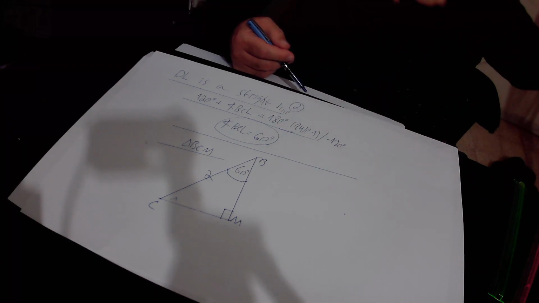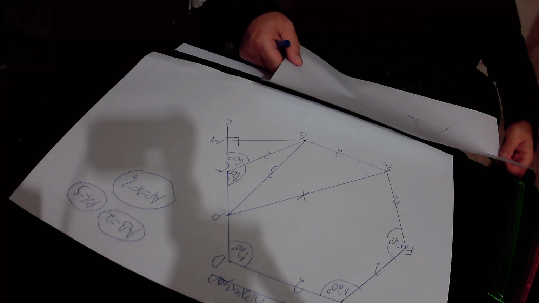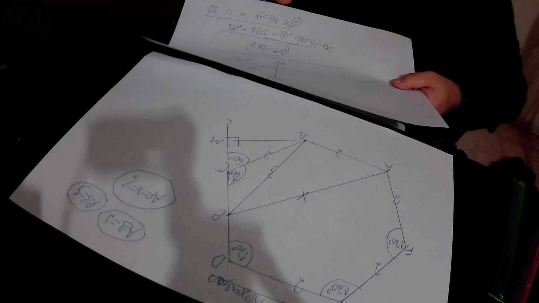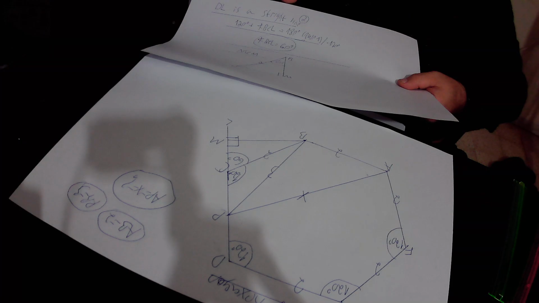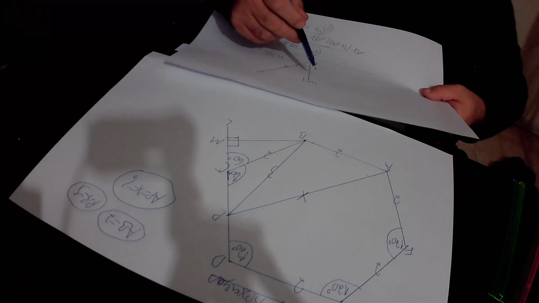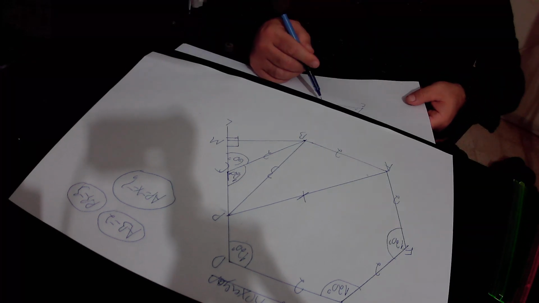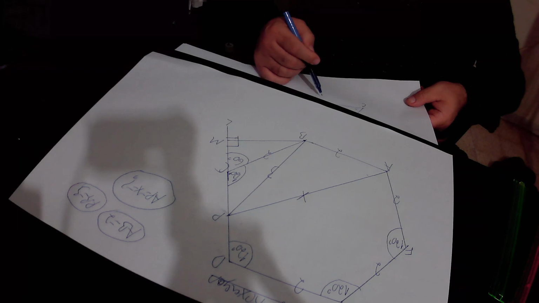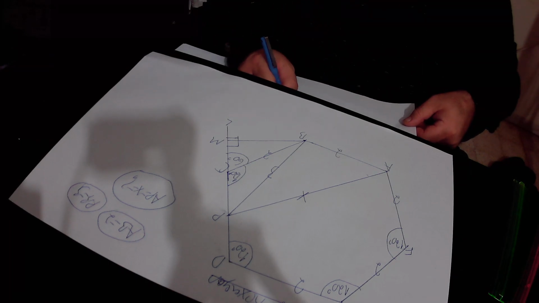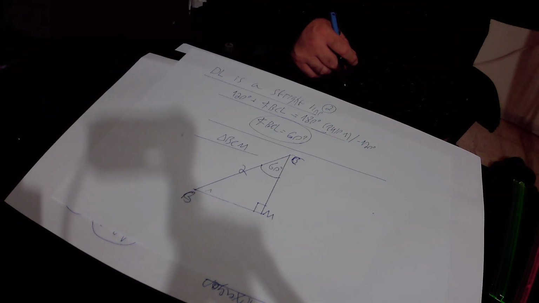So in this right triangle BCM, cosine 60 degrees. Actually, this is the right triangle BCM that I copied from the original drawing.